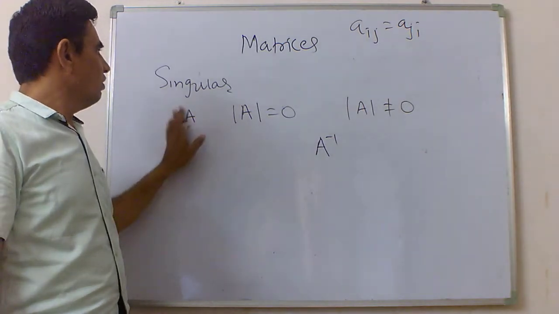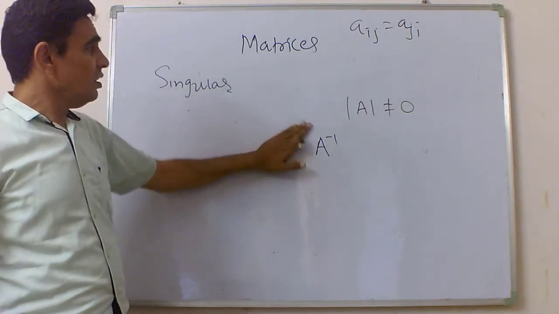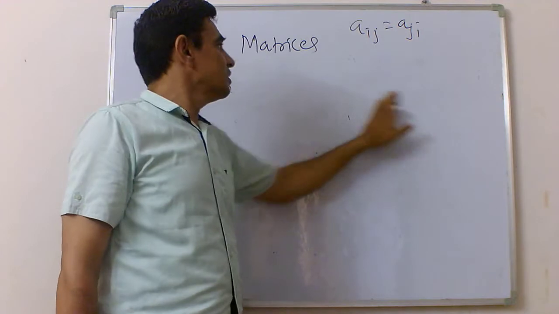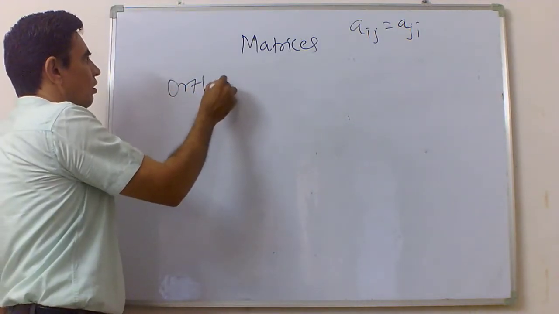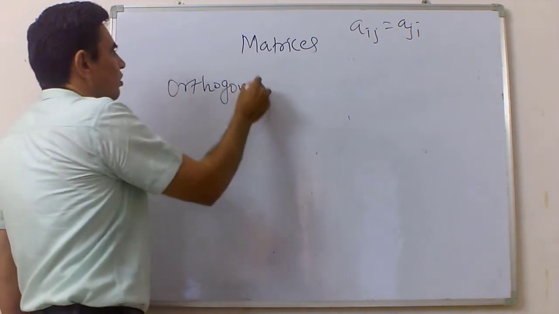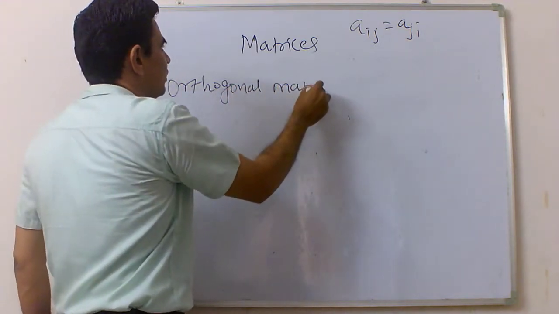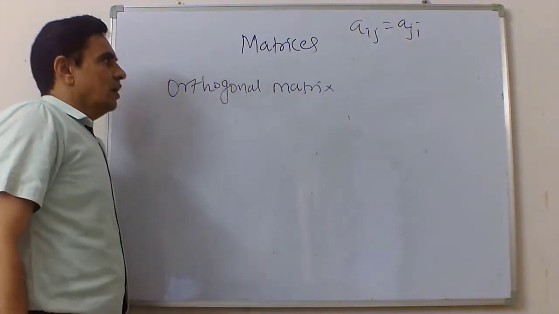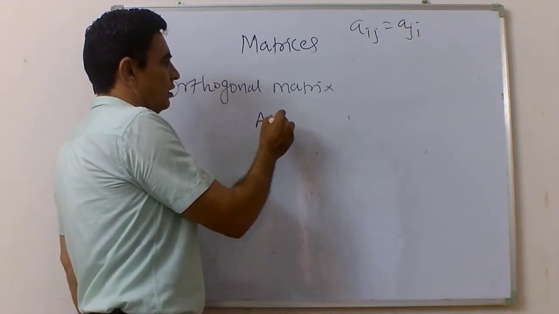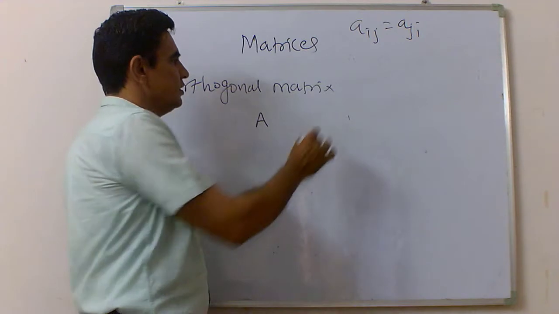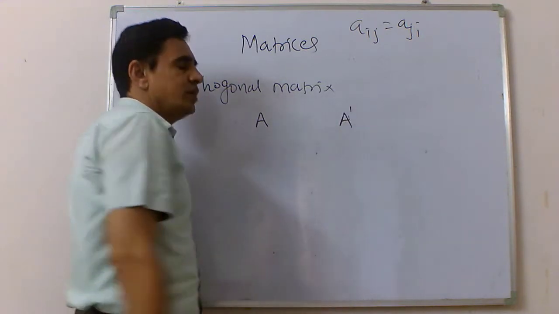Right? Now after that, we see another type of matrix, that is the orthogonal matrix. In this orthogonal matrix, A is any square matrix and A dash is its transpose.